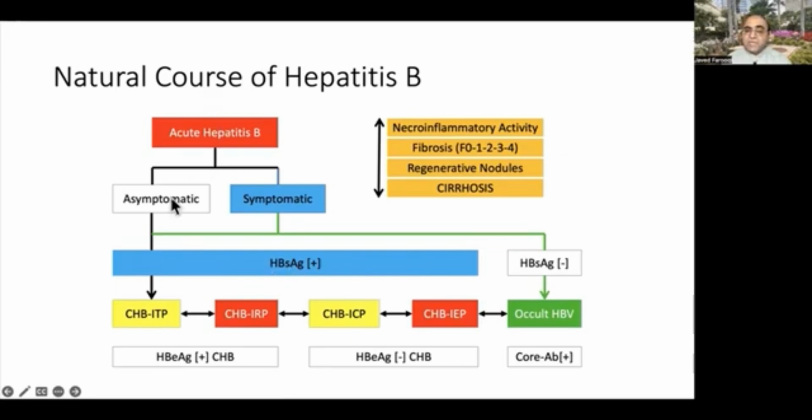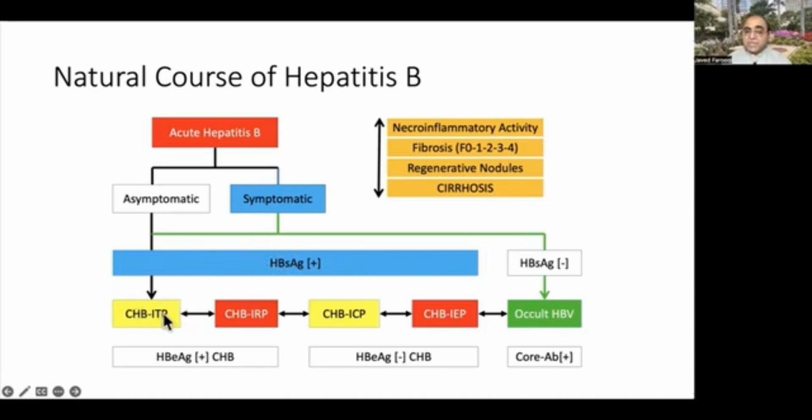Or it may be asymptomatic. The patient may not have noticed that they had acute hepatitis B, and after 6 months, the patient has entered into the chronic hepatitis B phase, that is the HBs antigen positive phase.